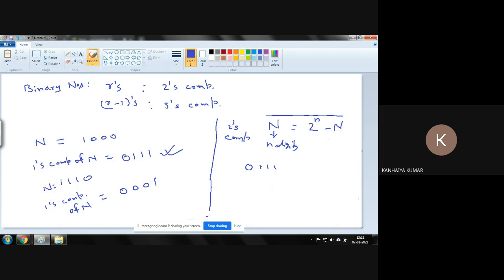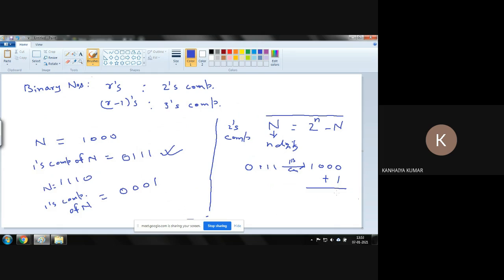Forget about the formula now. We can directly convert from one's complement into two's complement. So we have 0111 here, and its one's complement will be 1000. So what you have to do is add plus 1.